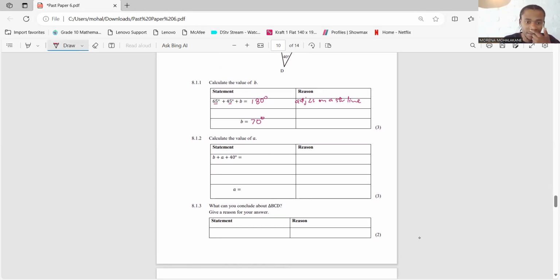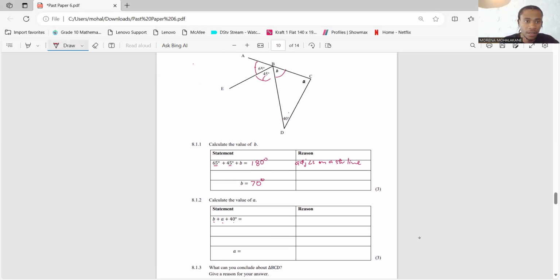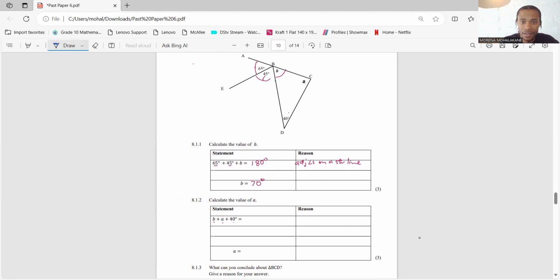So you're given A, B plus 40. Let's look at A. The sum of A, B, and 40 is 180 degrees. Why?